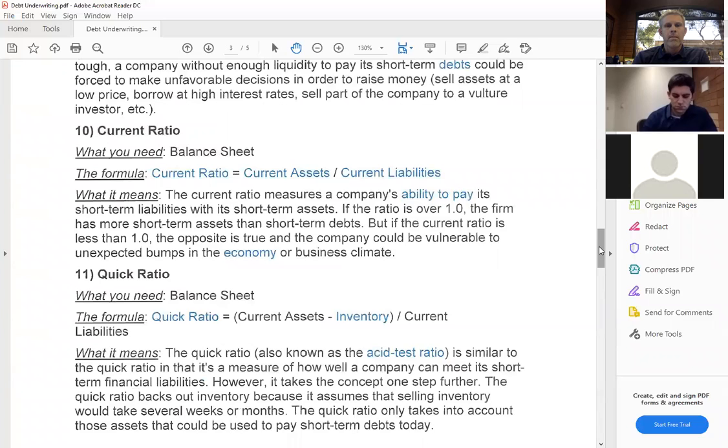Okay. And the reason behind that is, if we read what it means, the current ratio measures a company's ability to pay its short-term liabilities with its short-term assets. Short-term assets are the assets that are extremely liquid, cash, right? They can quickly pay debts.